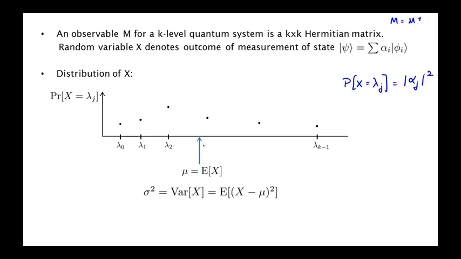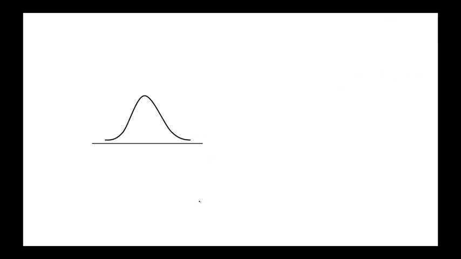The variance of x is the expected square of the deviation from the mean. So it's the expected value of x minus the mean, the whole square. I'm sure you all know about these quantities, but let's make sure you have a feel for what these two quantities are.